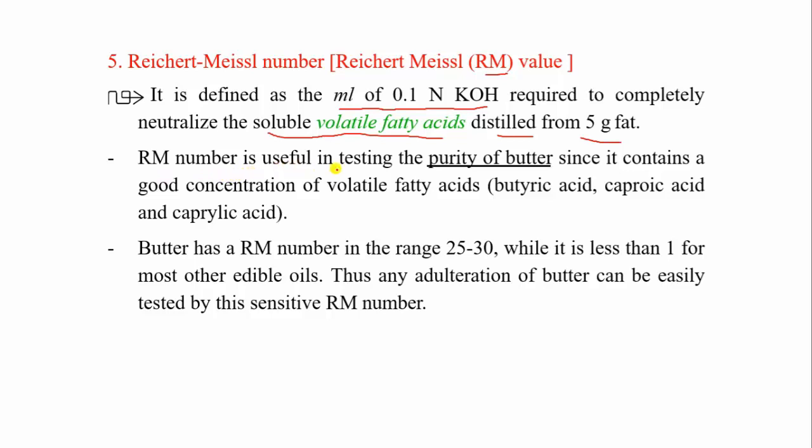RM number is useful in testing the purity of butter since it contains a good concentration of volatile fatty acids, meaning butyric acid, caproic acid and caprylic acid. Butter has an RM number in the range of 25 to 30, while it is less than 1 for most other edible oils. Thus, any adulteration of butter can be easily tested by this sensitive RM number.